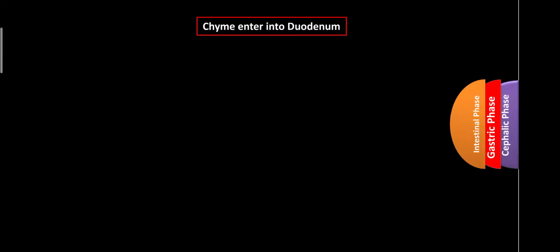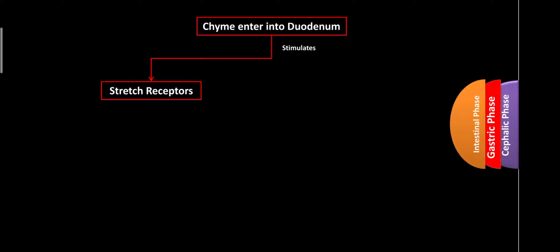So now we learn regarding the intestinal phase. This phase is involved in the regulation of gastric secretion. When the food or chyme enters the duodenum, the first part of the small intestine, it stimulates the stretch receptors present in the wall or mucosa of the duodenum, which causes the release of gastrin from G cells.